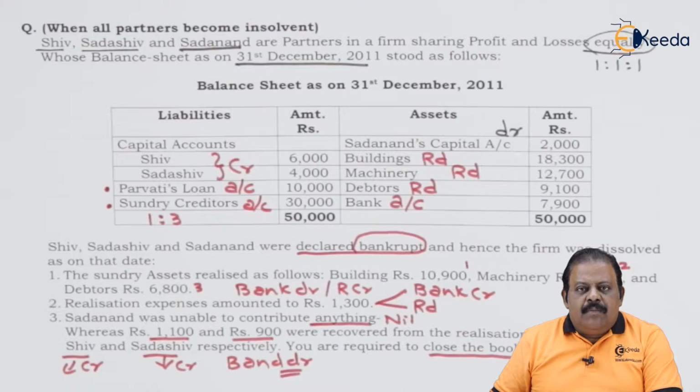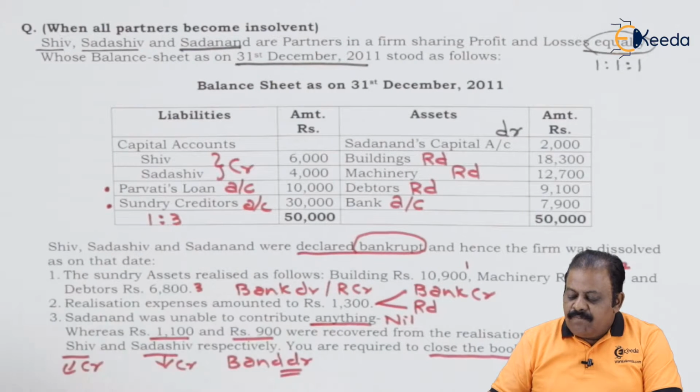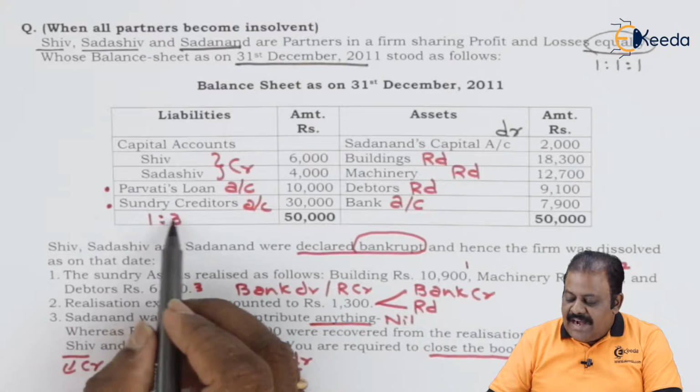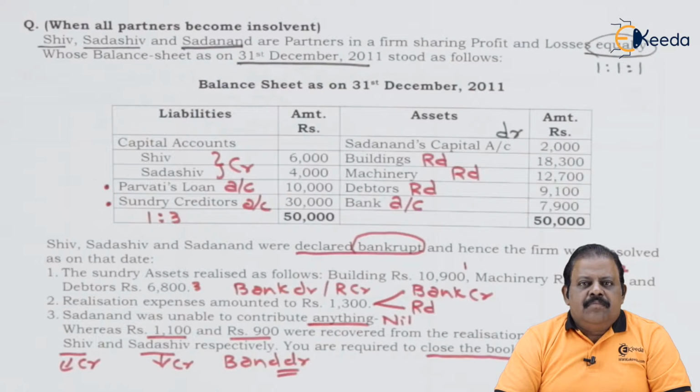The cash available after all adjustments is to be used in the ratio of 1:3 to pay Parvati's loan and sundry creditors. Any amount remaining unpaid will be treated as deficiency on account of insolvency. Let us start solving the problem.